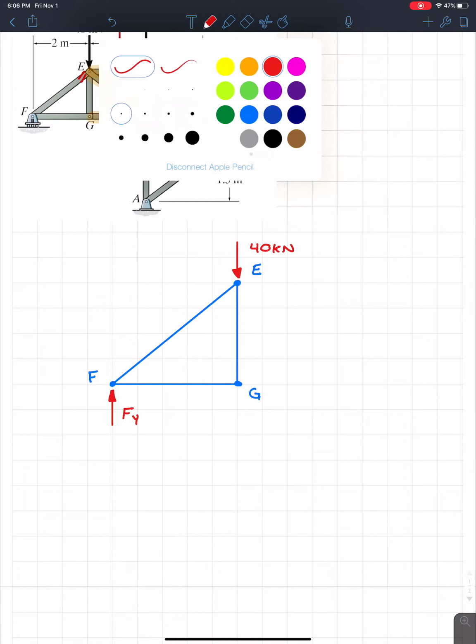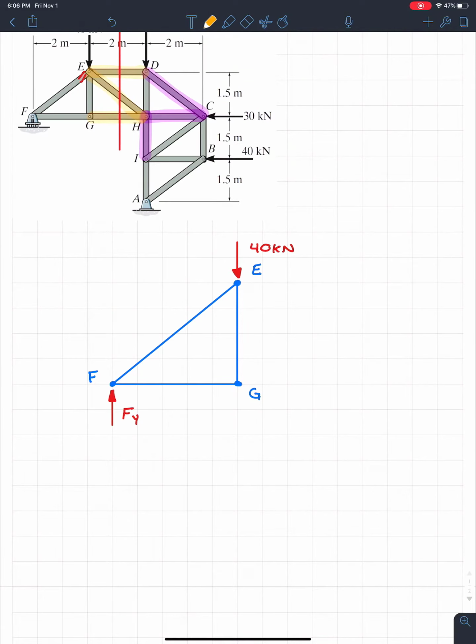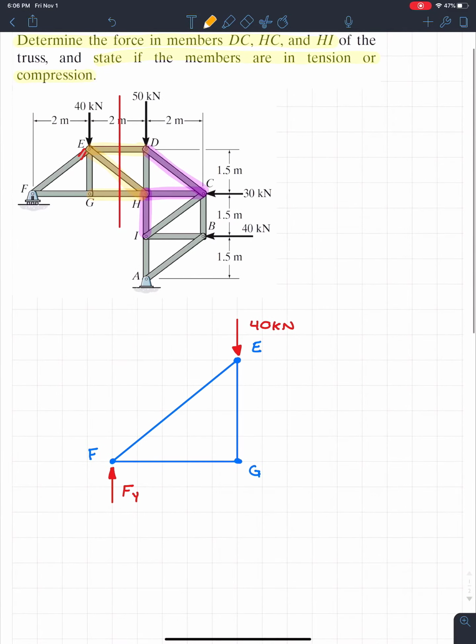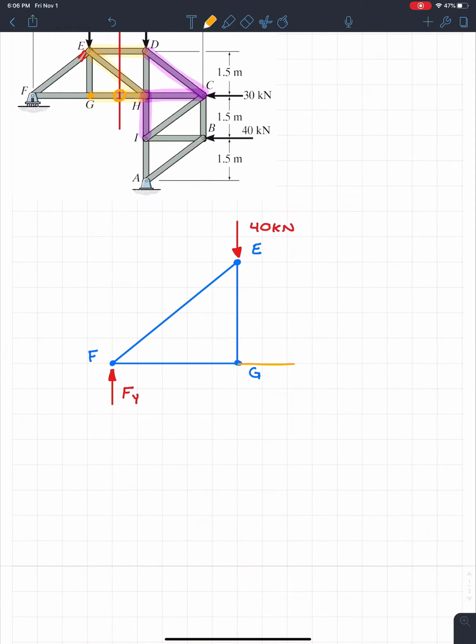Now, this is the tricky part, the part that hopefully you will understand: we cut through some members. If we look at joint G, way at the bottom, we cut through member GH, so we can see the cut going through GH. All we're going to do is replace that member with a force, and we're always going to assume it's in tension.